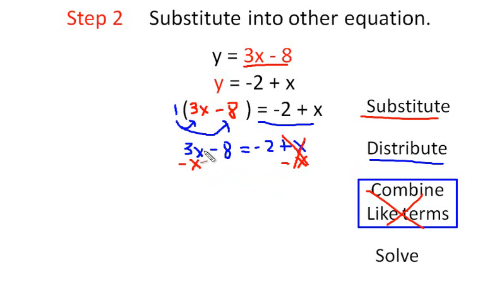On the left side, 3x minus x will leave me 2x. I still have minus 8 here. And then equals, and I still have this negative 2. Okay, now I'm still trying to solve for x, so I'm going to get rid of this negative 8 by adding 8 to both sides.